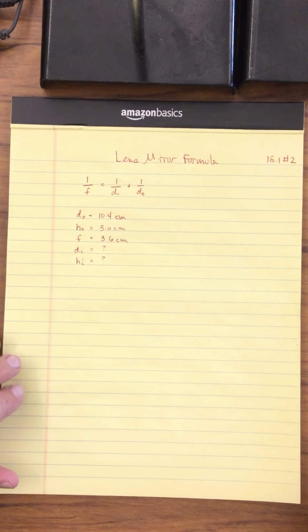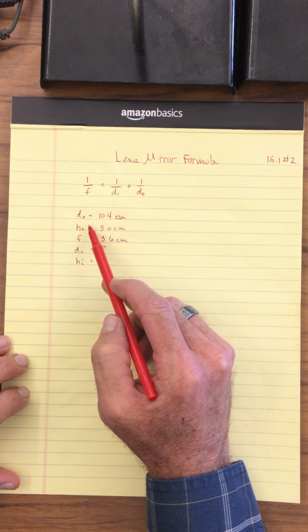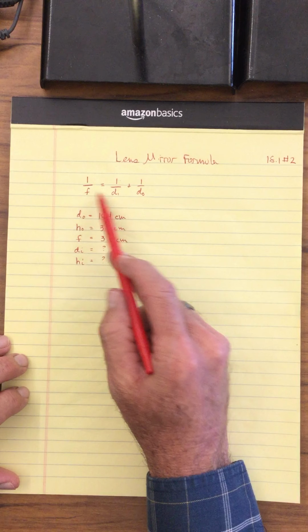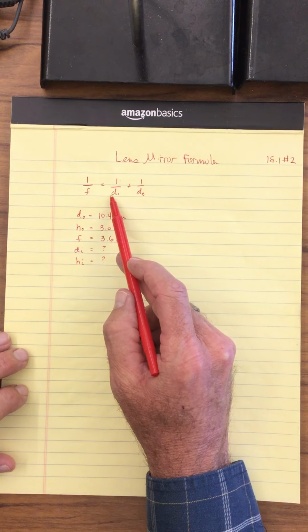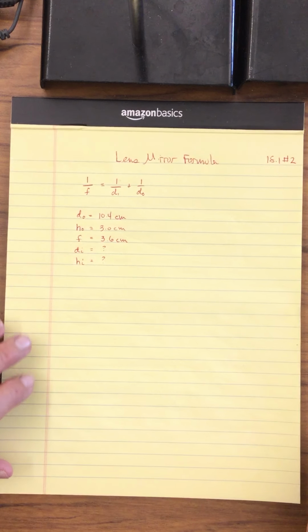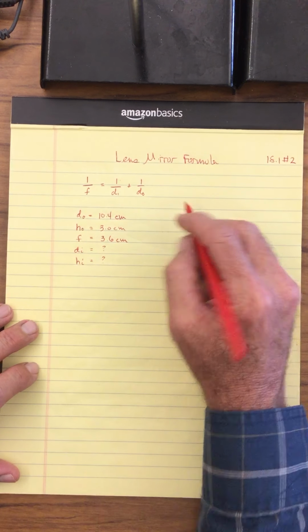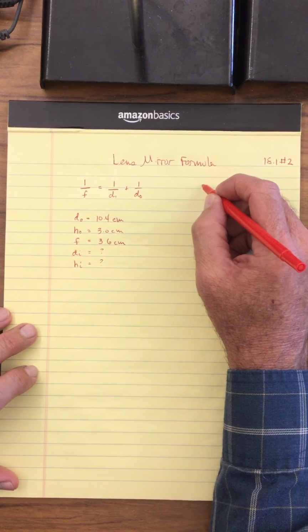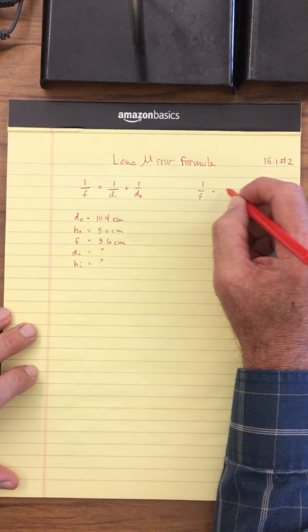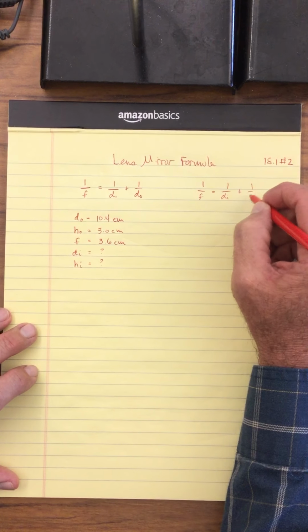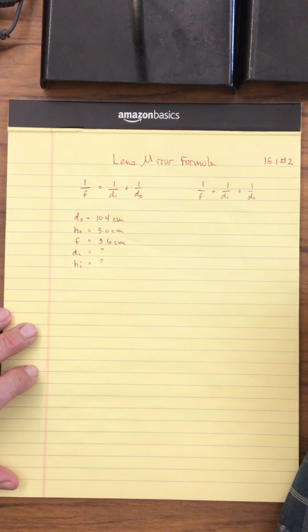So, we have the distance of the object. We also have the focal length right here. So we can rearrange this formula and solve for distance of the image. So if we subtract 1 over DO from both sides, so we have 1 over the focal point equals 1 over distance of the image plus 1 over the distance of the object.